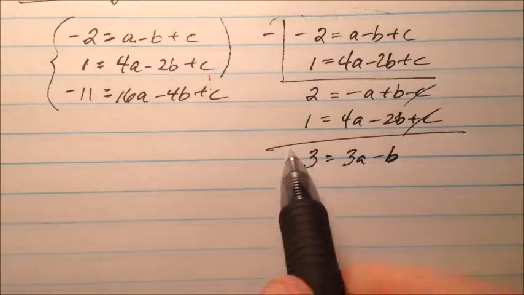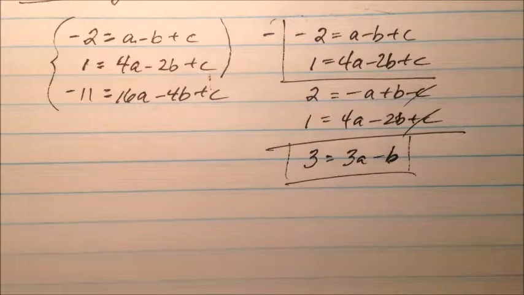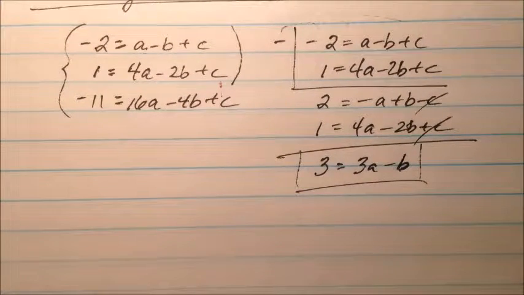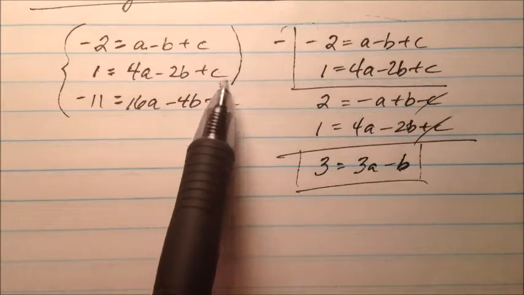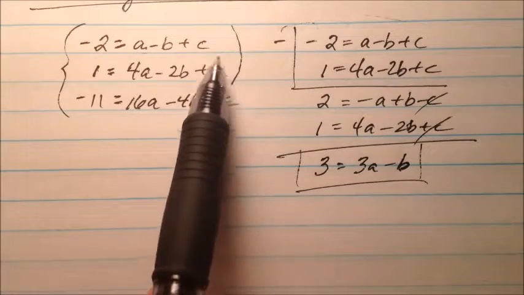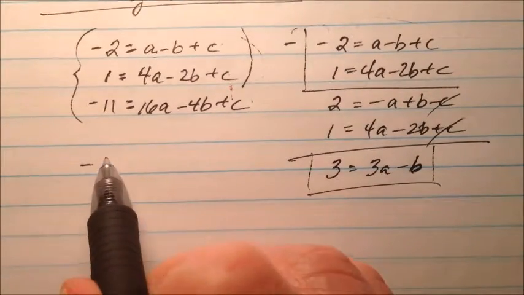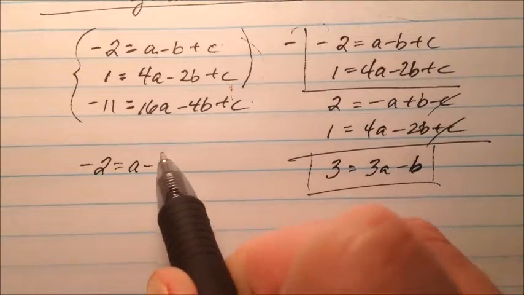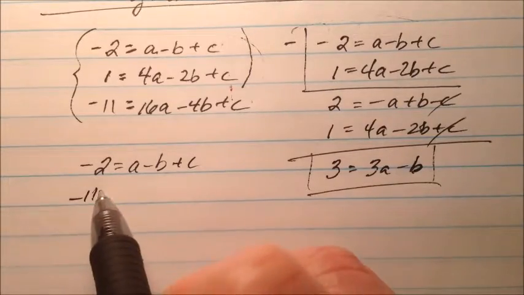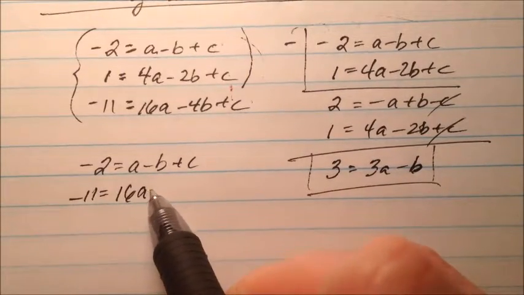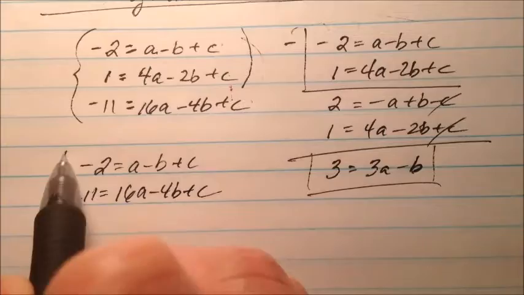Okay, so I'm going to keep this guy over to the side for a second while I take 2 different equations and eliminate the c again. So maybe let's take the first and third equations. So negative 2 equals a minus b plus c. Negative 11 equals 16a minus 4b plus c.